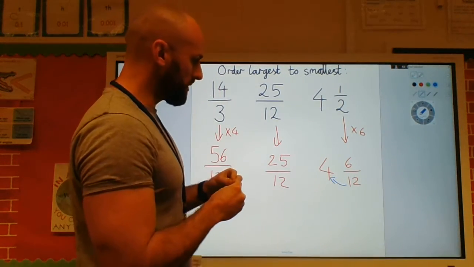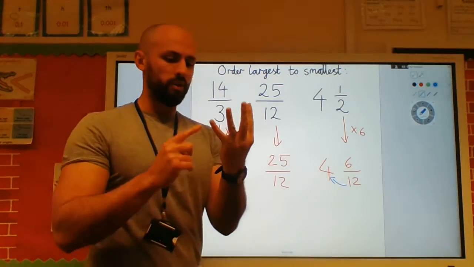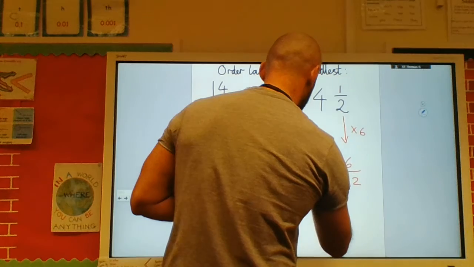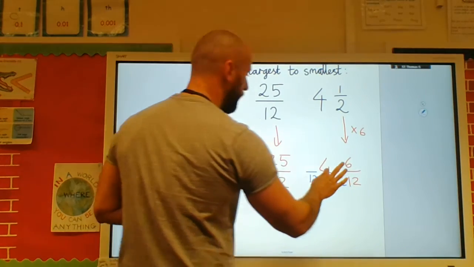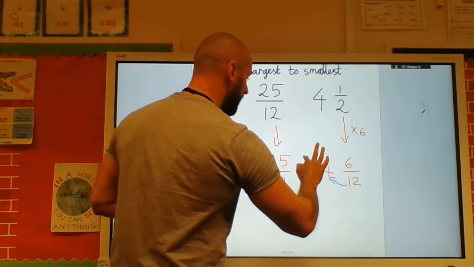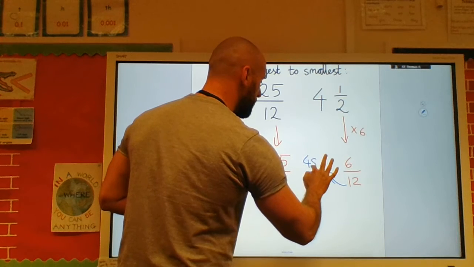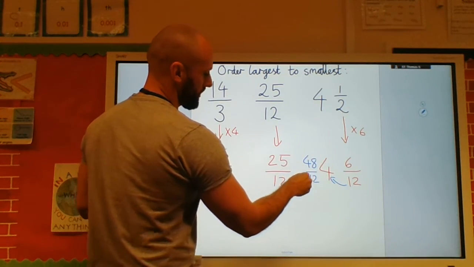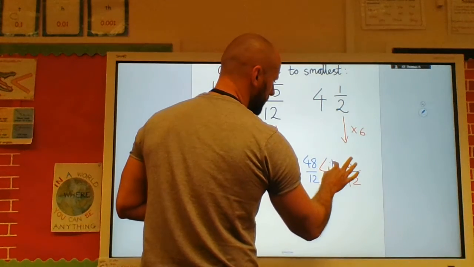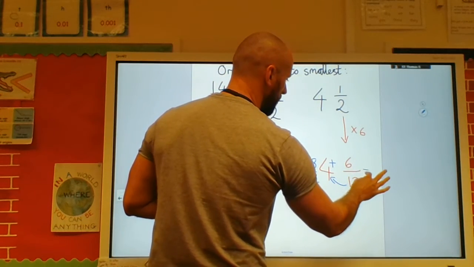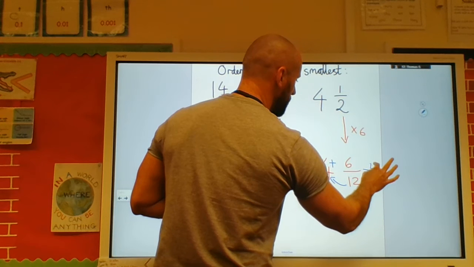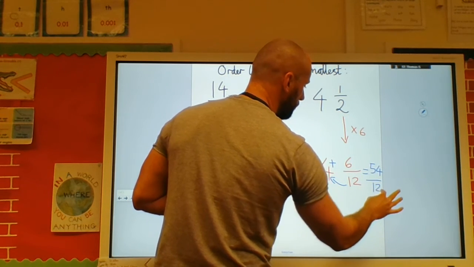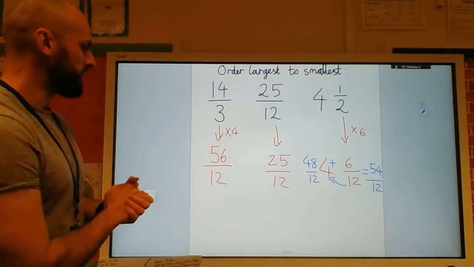So that means I've got 4 lots of 12 twelfths. So how many twelfths is that worth? Well, 4 times 12 is 48. So those 4 wholes make up 48 twelfths. I add it to the 6 twelfths, which gives me 54 twelfths.